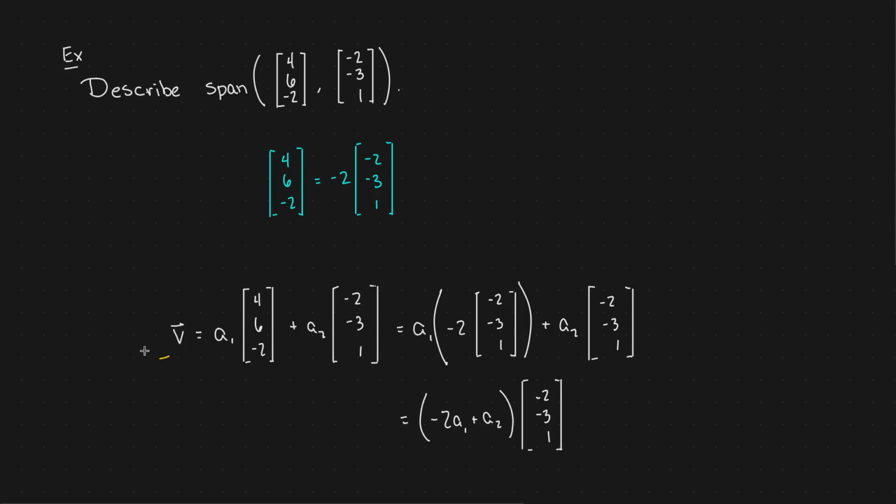Which means any vector in the span can be expressed as some scalar times just the one vector, negative 2, negative 3, 1. So in a way, we really don't need both of these vectors to describe the span. This one vector does the job on its own just fine.